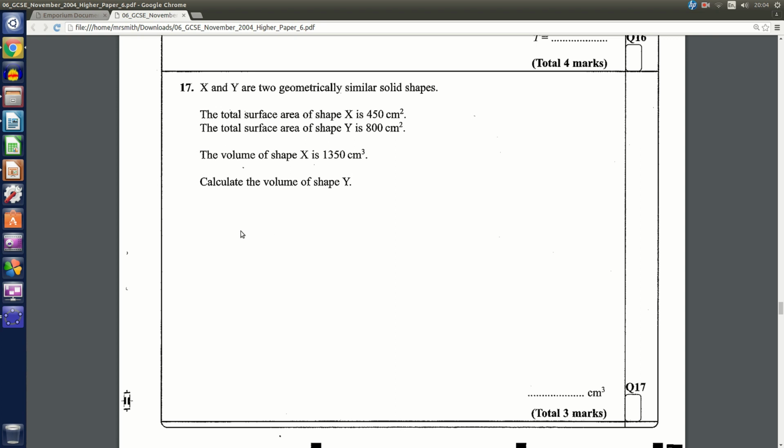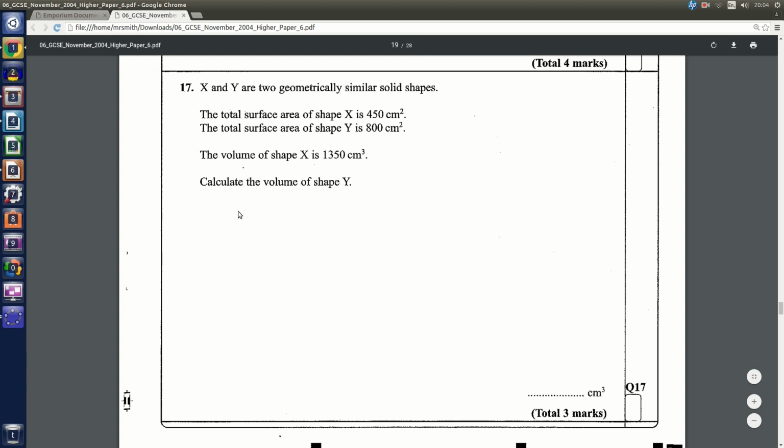They don't tell us anything else about our shape. Well, that's okay, if I deal with linear scale factor, area scale factor and volume scale factor. Firstly, let's think about going from x to y. X is clearly the smaller one, y is the bigger one.